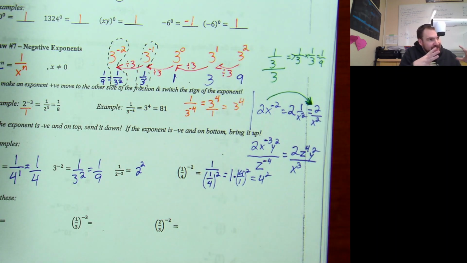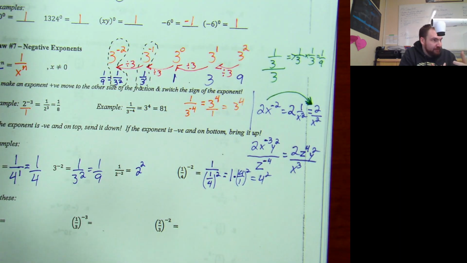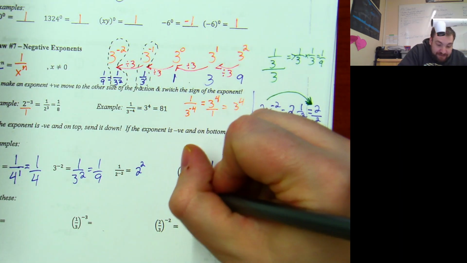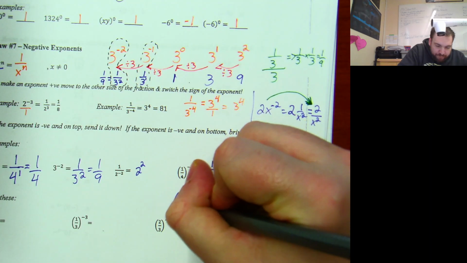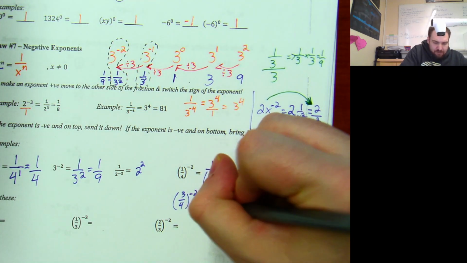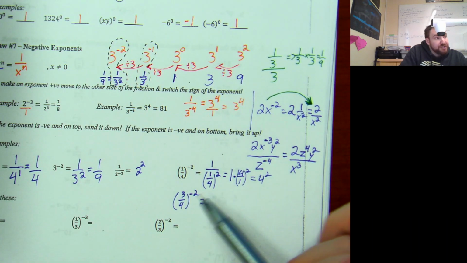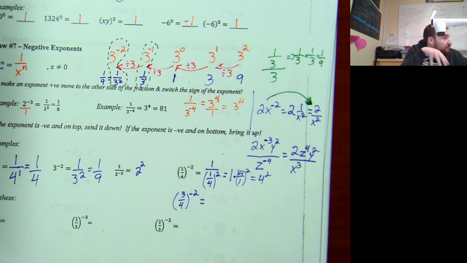If I have a thing inside brackets to the power of negative 2, I can flip the whole thing. So like, write this down, if this was 3 over 4 to the negative 2, there's a couple exponent laws at work.